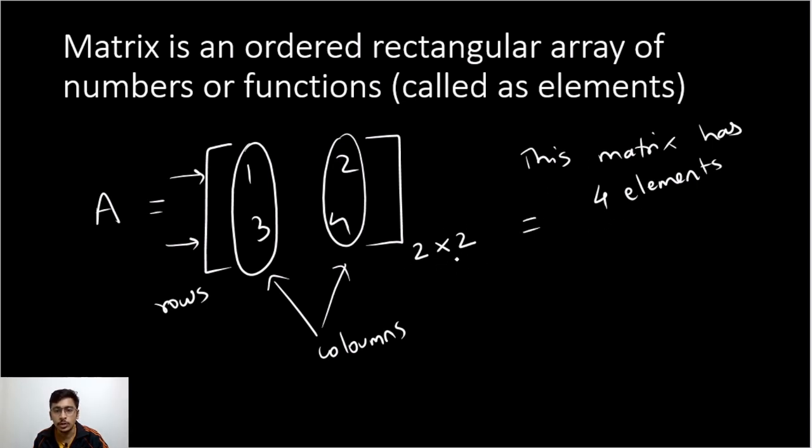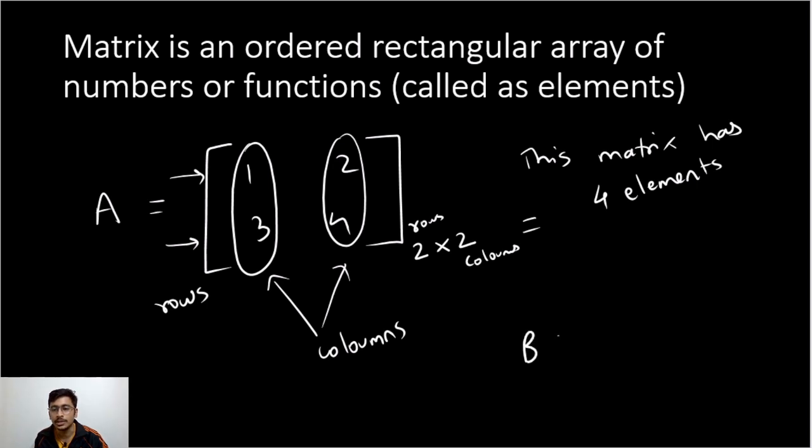So what does this 2 into 2 mean? It always means that we have 2 rows and then 2 columns. We can also have matrices which are like 3 comma 2 or 4 comma 2 and all these orders, which are basically how we change the rows and columns of the matrix.